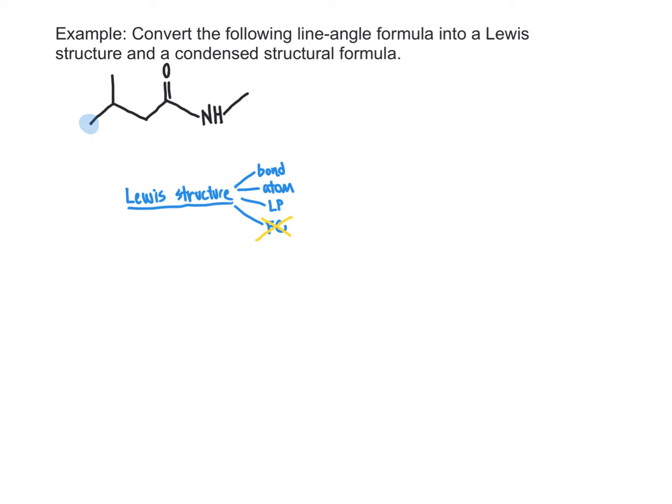There's no shame and no harm in sketching out here that I would expect there to be a CH3 at that end of the line, because the end of the line represents a carbon unless something else is shown, and it's implied that that carbon has to have a full octet formed by hydrogen atoms. So that carbon has 3 hydrogen atoms bonded to it because it already has one covalent bond coming to the other carbon.